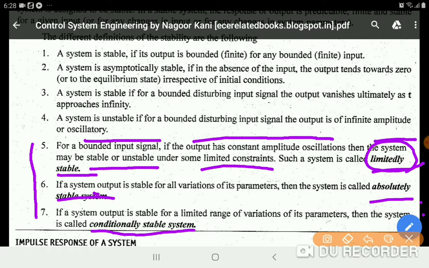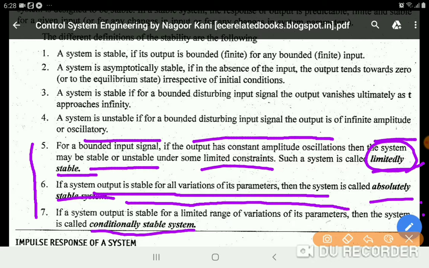Similarly, if the system output is stable for all variations of its parameters, then it is absolutely stable. When the system's output is stable for a limited range of variations of its parameters, then it is conditionally stable.